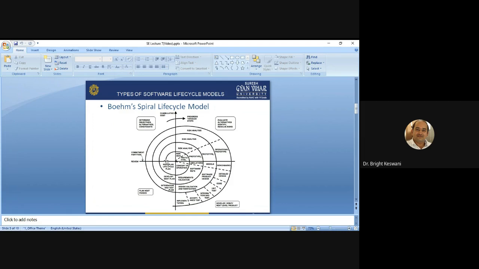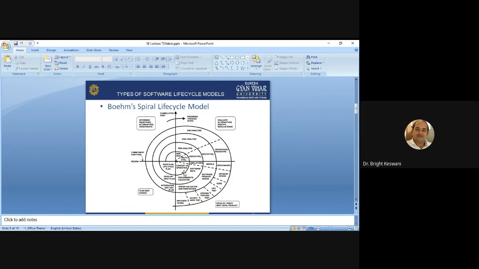It starts with the identification of objectives, alternatives, and constraints, and then every spiral comes to the second phase, that is, evaluate alternatives, identify and resolve risks.